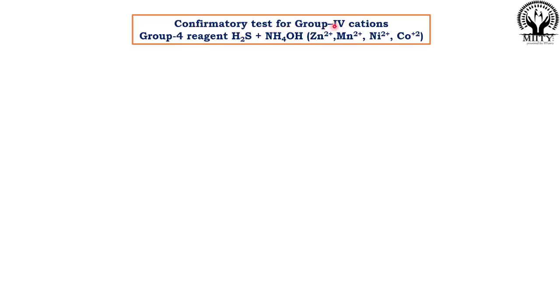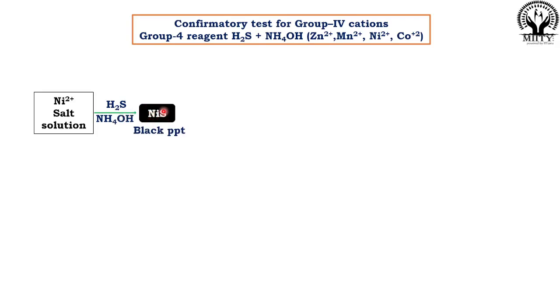Confirmatory test for group 4 cation nickel. To the original nickel salt solution, we add group reagent H2S and ammonium hydroxide so that it forms a black precipitate of nickel sulfide. To dissolve nickel sulfide, we use aqua regia, HNO3 and HCl. Nickel sulfide does not dissolve in HCl itself, so that's why we are using HNO3 and HCl.